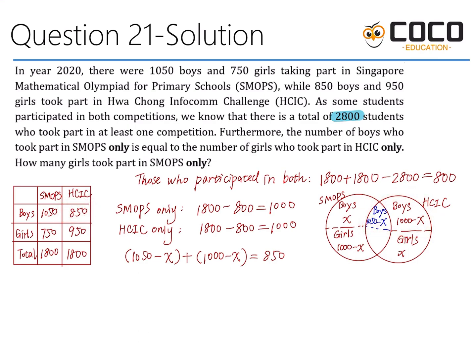Let's solve the equation. So we have 2050 minus 2x equals 850. So the difference is 1200, divided by 2, x is 600.